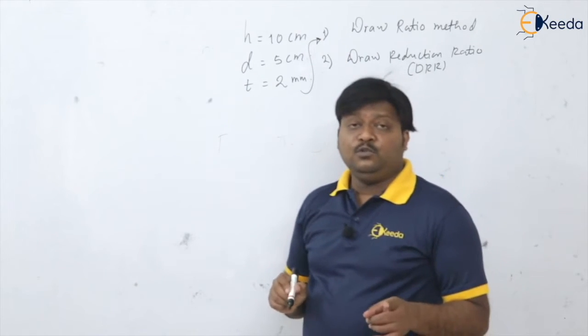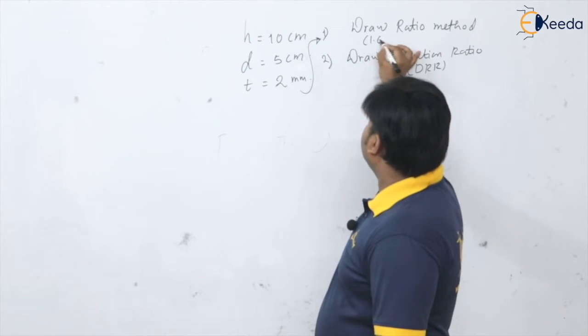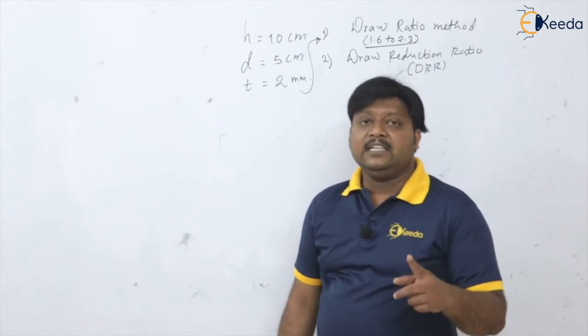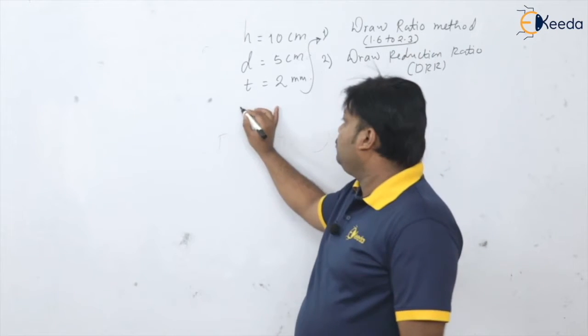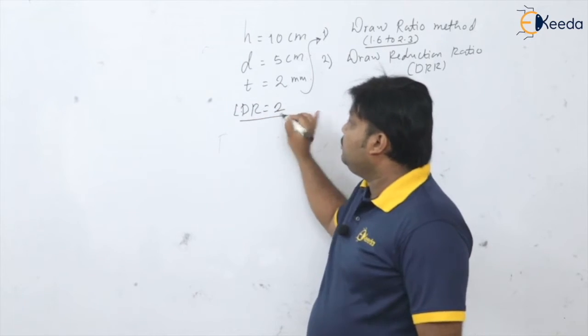And I already told you that the range of this draw ratio technique is from 1.6 to 2.3, but if nothing is mentioned, then we have to assume that the limiting draw ratio will be 2.